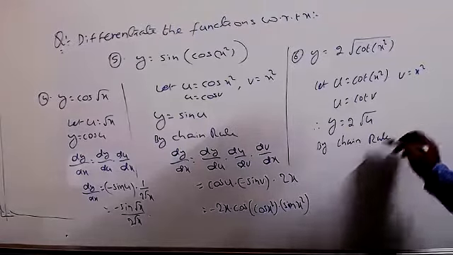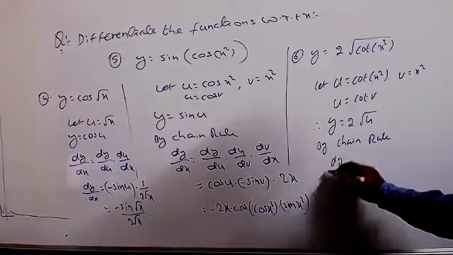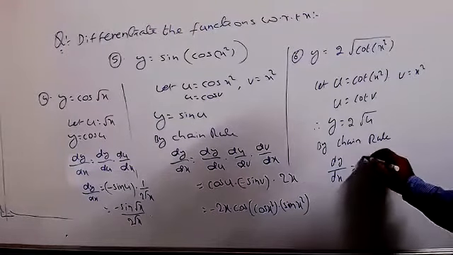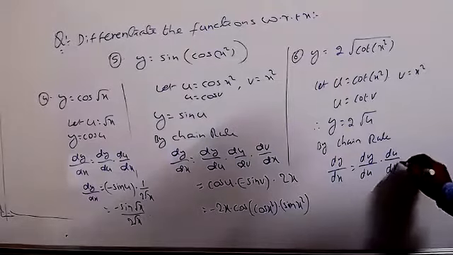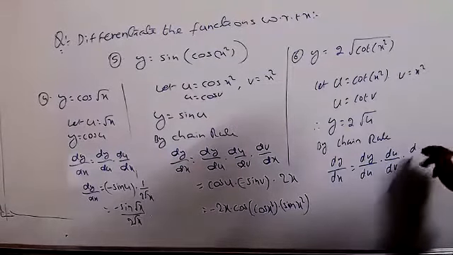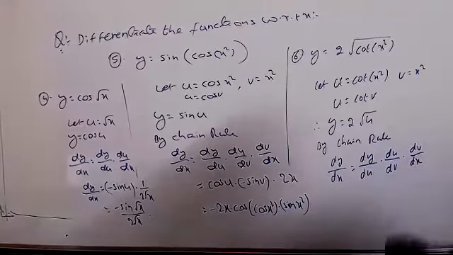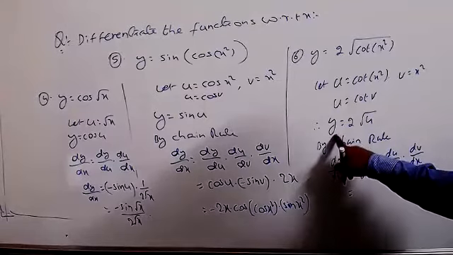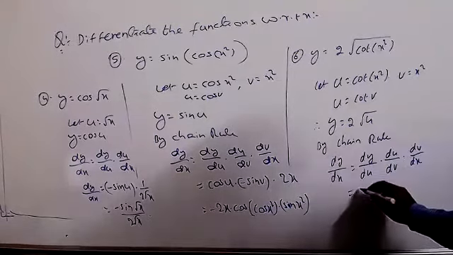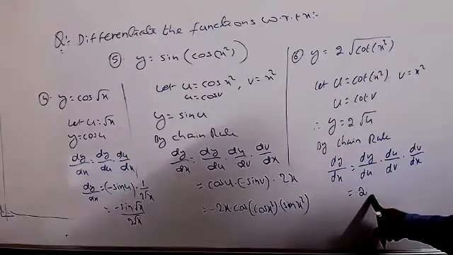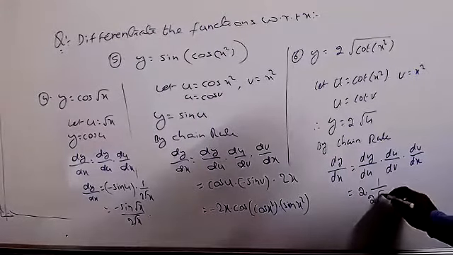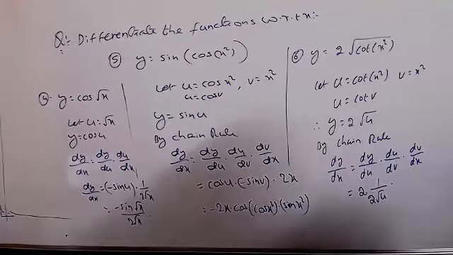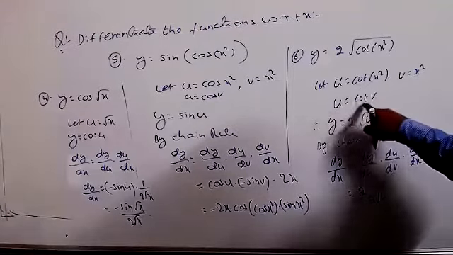By chain rule, dy by dx equal to dy by du into du by dv into dv by dx. So the derivative of y with respect to u: 2 is anyhow a constant outside, so 2 into the differentiation of root u, which is 1 by 2 root u, into the derivative of u with respect to v.